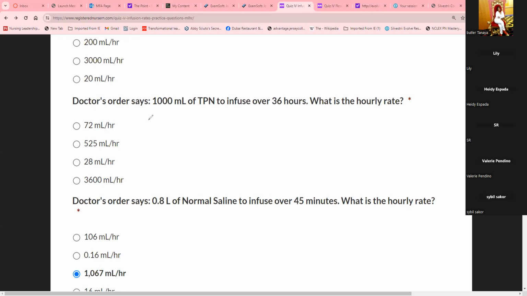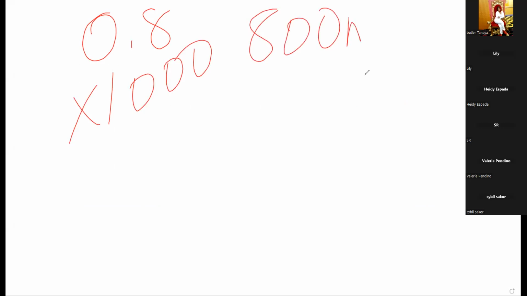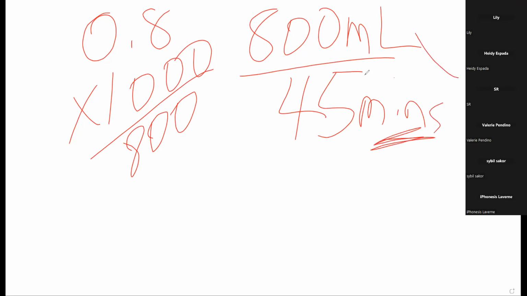The way I do these is I take my 0.8 times 1,000, and that gives me 800 milliliters. Then I have 45 minutes. Since this is in minutes, I have to convert it. I multiply the whole thing times 60.